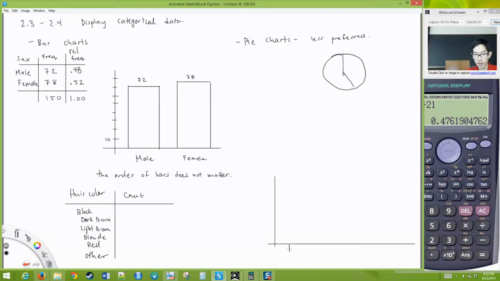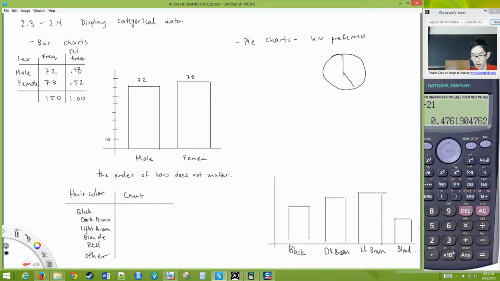Okay, and then so here you just write down the different colors: black hair, dark brown, light brown, etc., etc., etc. Blonde, and then you would draw the bars. Something like that, okay? I'm just making this up.